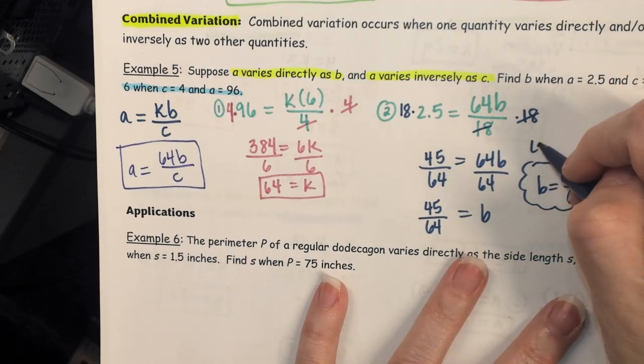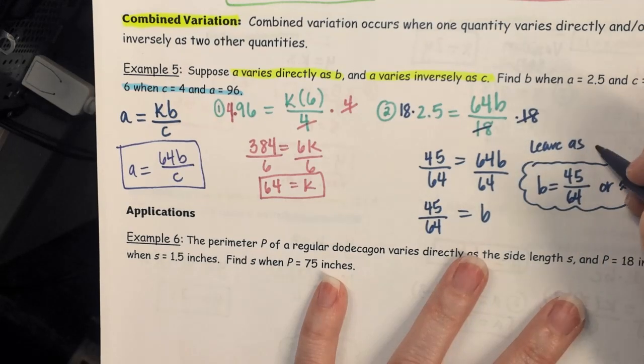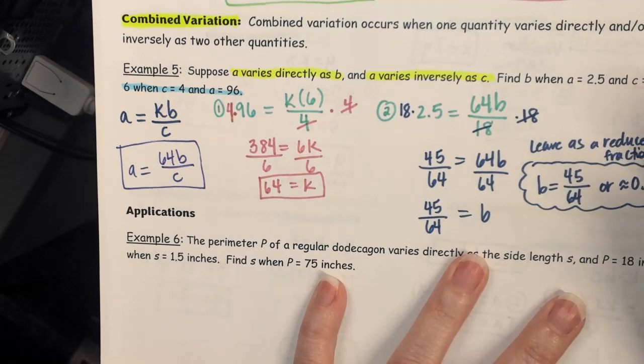Okay, so you can leave it as a reduced fraction, or as a rounded decimal.